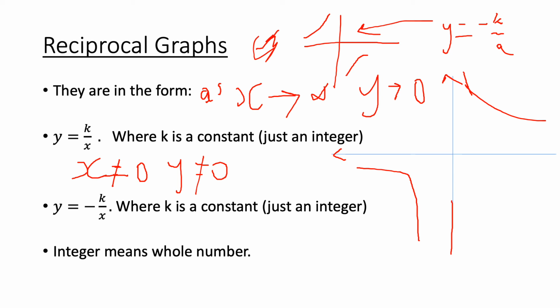The key point to remember is that x can never equal 0, and nor can y, because we cannot ever divide by 0. For x and for y, there are no two numbers that divide to make 0. So these axes are what I call asymptotes.